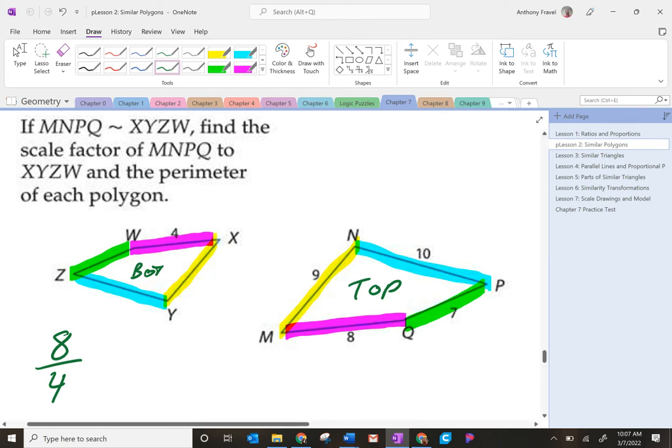So I'm going to do 8 divided by 4. That simplifies down to 2 over 1, or I can just say 2. So my scale factor is 2 to 1. I can say 2 to 1, or I could put it 2 over 1 as a fraction. That's my scale factor.